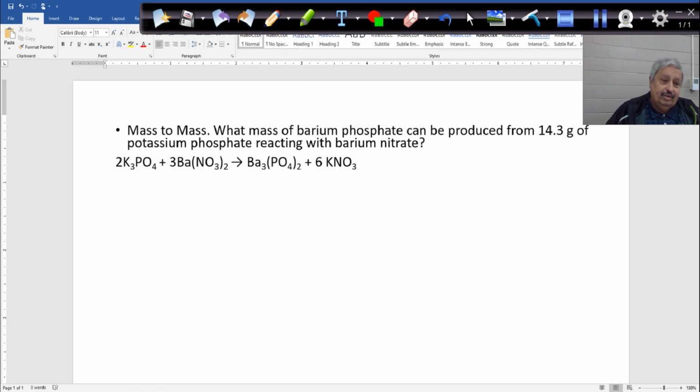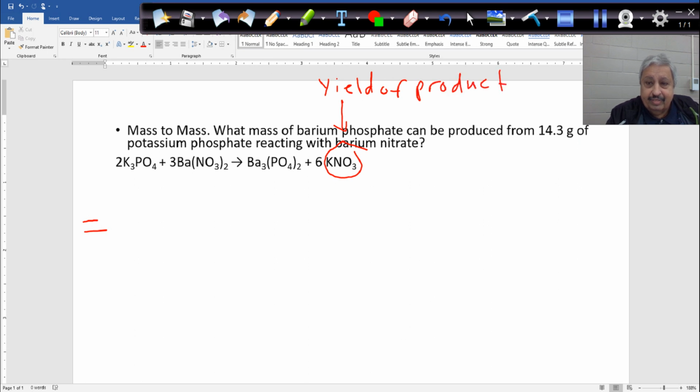So we need the yield. We need the yield of this, and this one is the product, correct? Starting material is 14.3 grams of potassium phosphate. Let's make a table here.